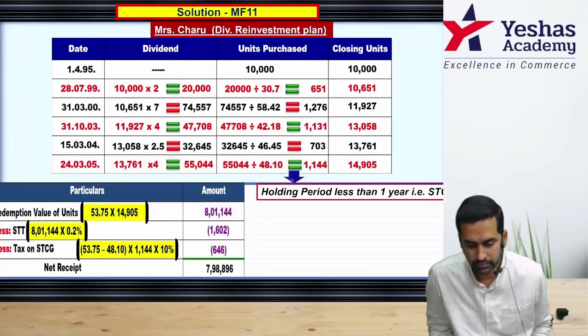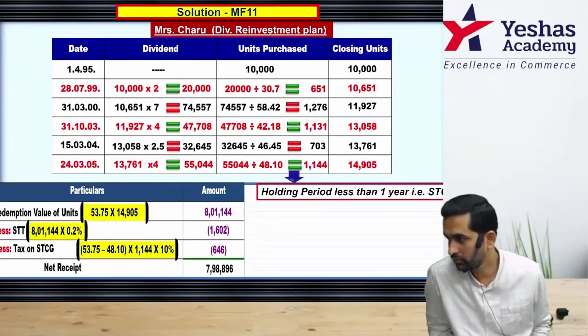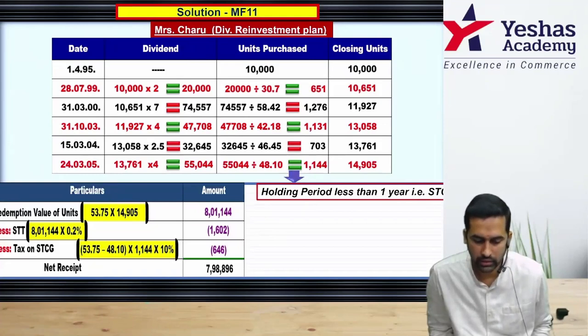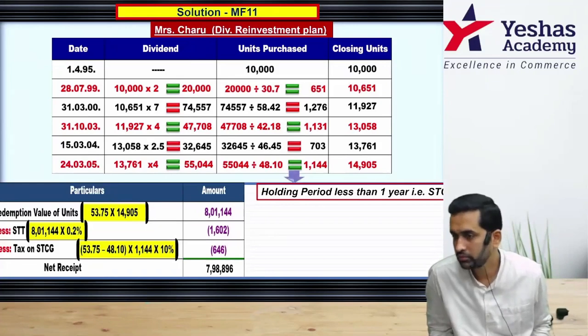On that, we will have to pay STT, and then STT is 0.2% on sale value, comes to around 1602, and then STCG for only 1144 units.